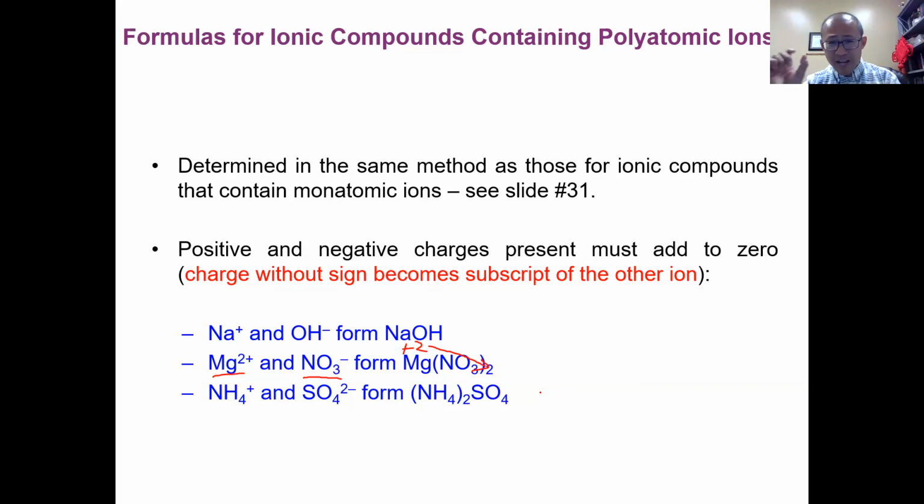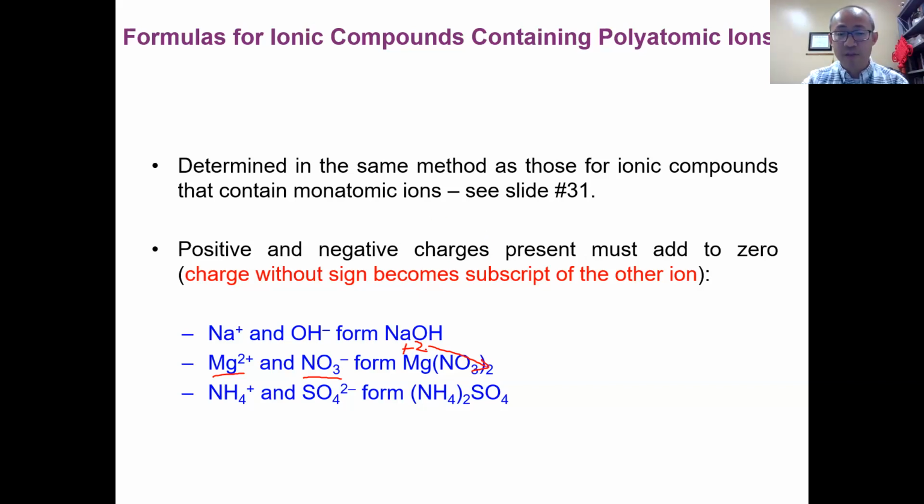Now, because nitrate has a subscript 2, here is something very unique. You have to put a parenthesis around nitrate to indicate 2 of the nitrate, because the subscript of the whole nitrate is 2. So if the subscript of a polyatomic ion is 2 or more, you have to use a parenthesis, then the subscript.